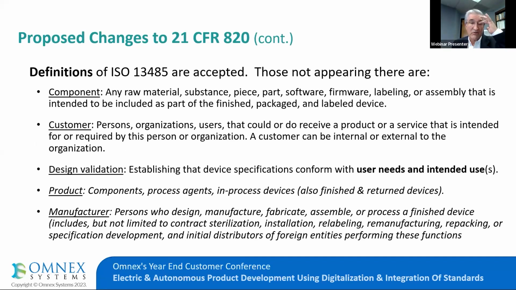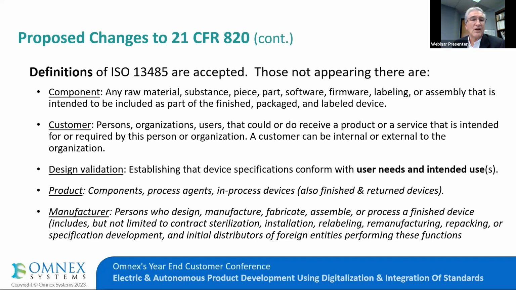Definitions of ISO 13485 are accepted. However, there are some that are not appearing there, and it's kind of interesting. We have a few that you would expect to be in 13485, but are not. They're in 820. Component lists the different types or definitions of those.